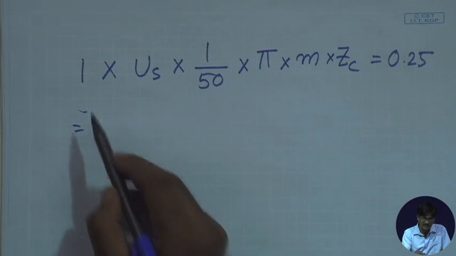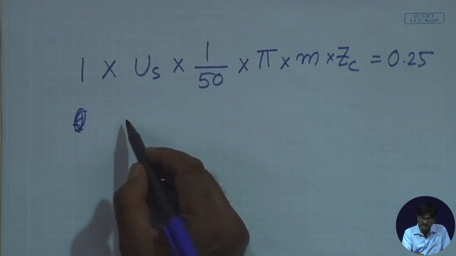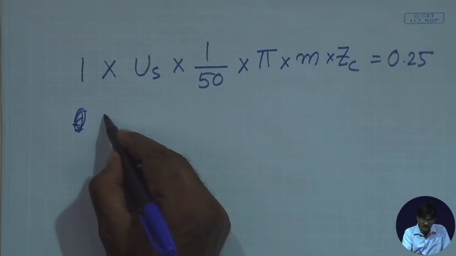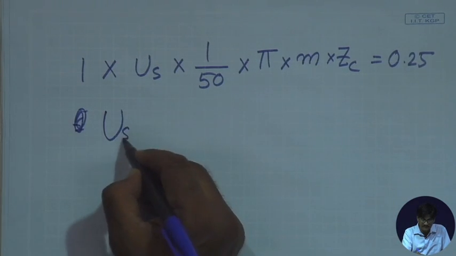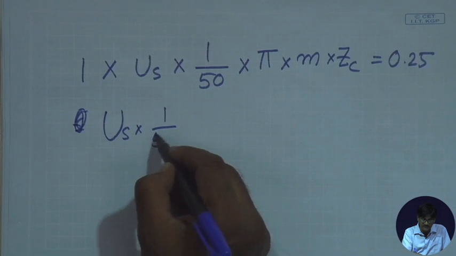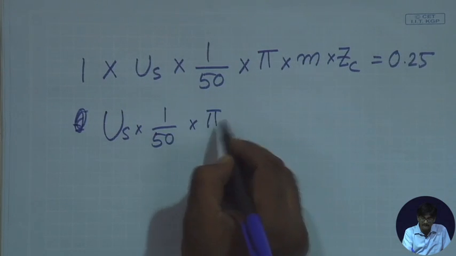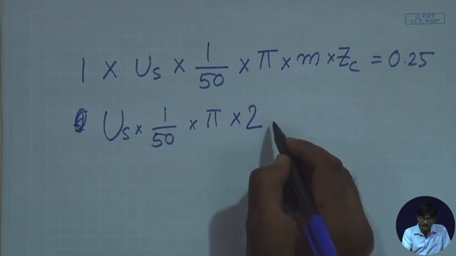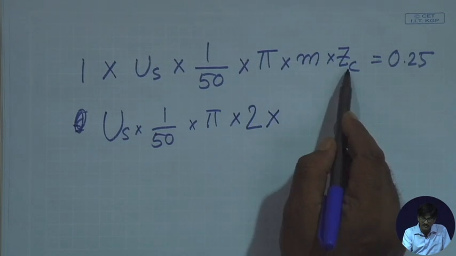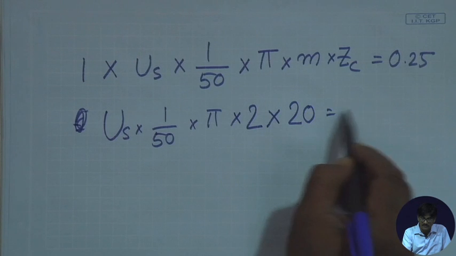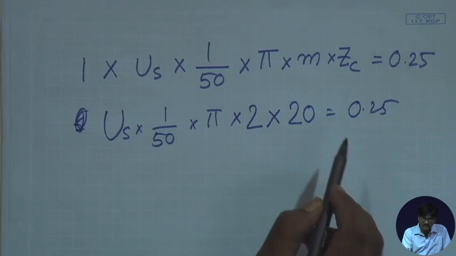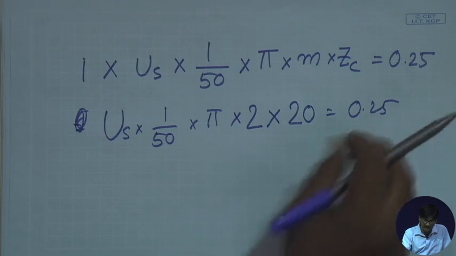Having understood this, I quickly find out what is US. By the way, let me just put in this value, so that we have the final form US into 1 by 50 into pi into m. What is m? 2 given. Number of teeth on the cutter 20 equal to 0.25 millimeters, given.